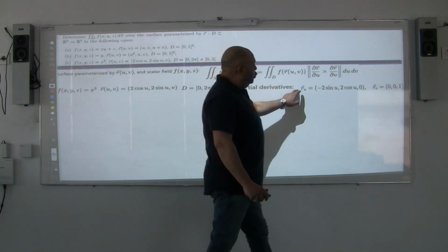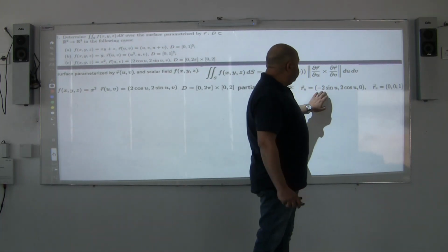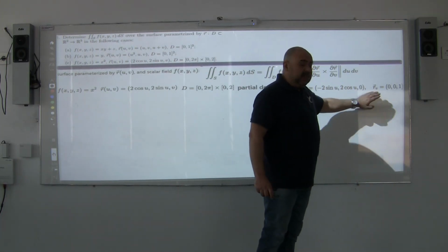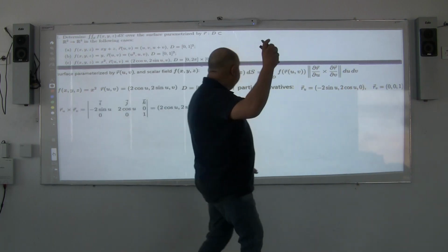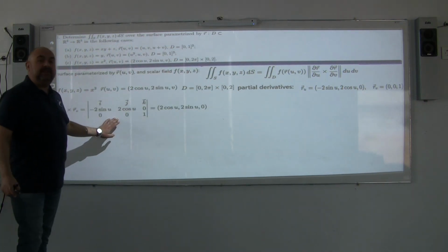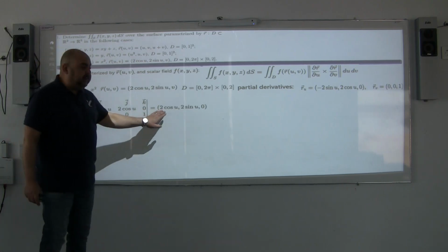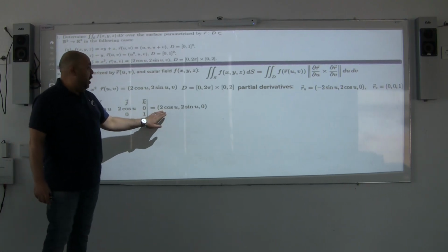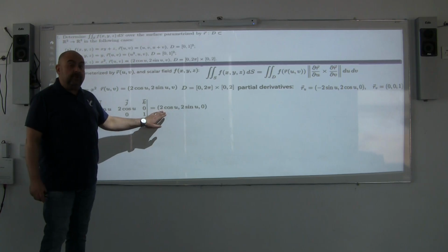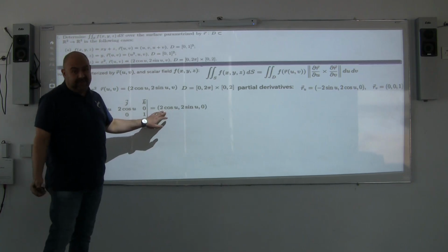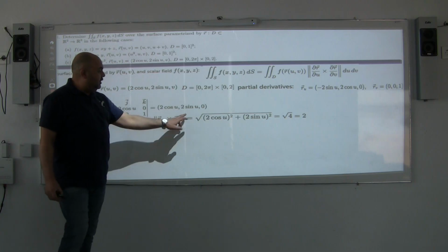Here are my two partial derivatives. That's with respect to u, that's with respect to v. I have them ready. I will do the cross multiplication, as you can see. Okay, after getting the cross multiplication, that's the vector that we are going to have. I will get the sum of the squares of these components under the square root. Here we go. That's the square root.